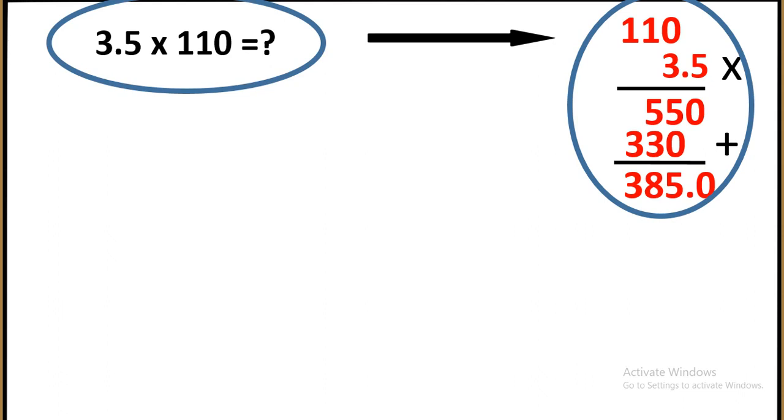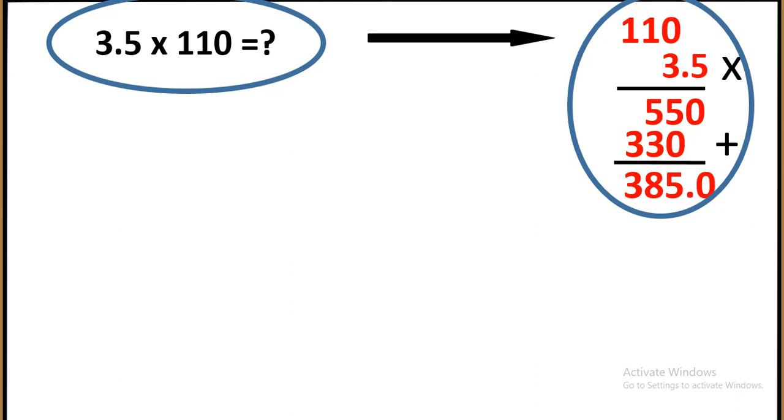They put the numbers in rows and follow the standard procedure one by one, and at the end they get the answer, and the decimal point is put based on the number of digits at the multiplicand or multiplier.